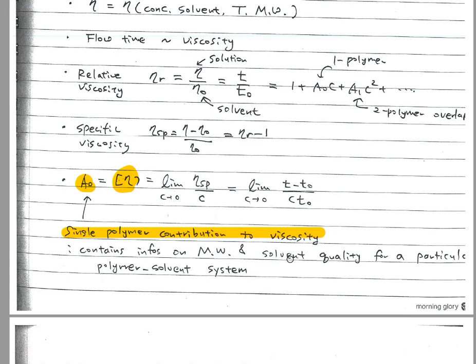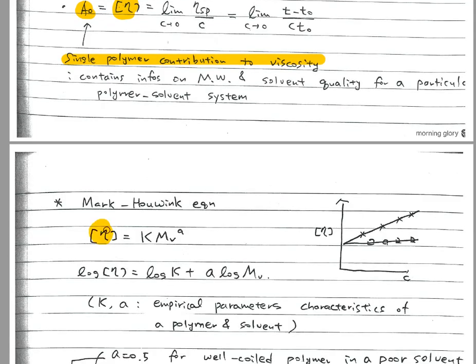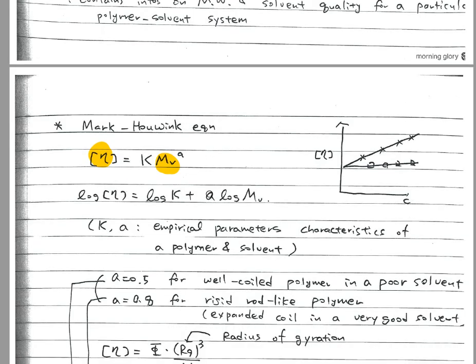So let's assume that we determine this value, and this value is related, as I just mentioned, to the viscosity average molecular weight Mv following this equation, which is called the Mark-Houwink equation. So bracket eta is equal to some constant k times the viscosity average molecular weight to the power of a.